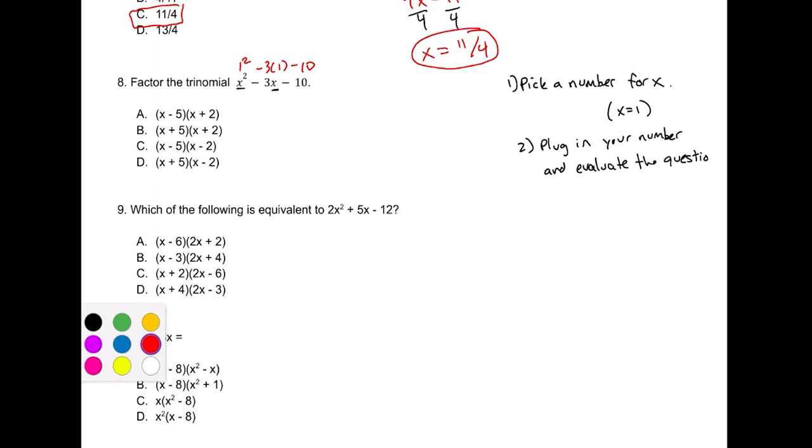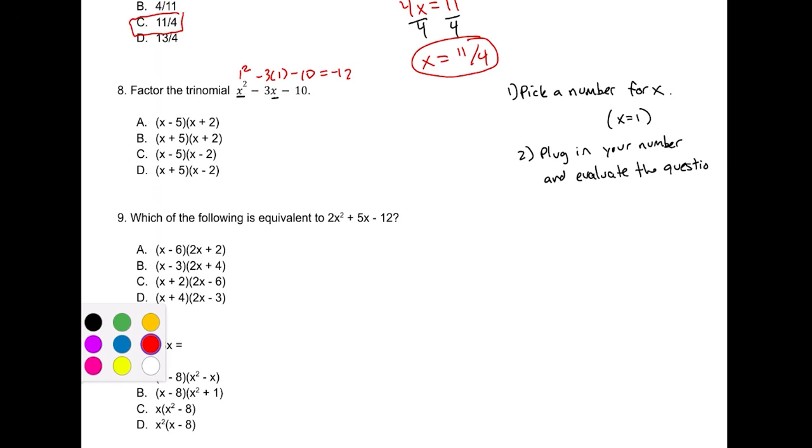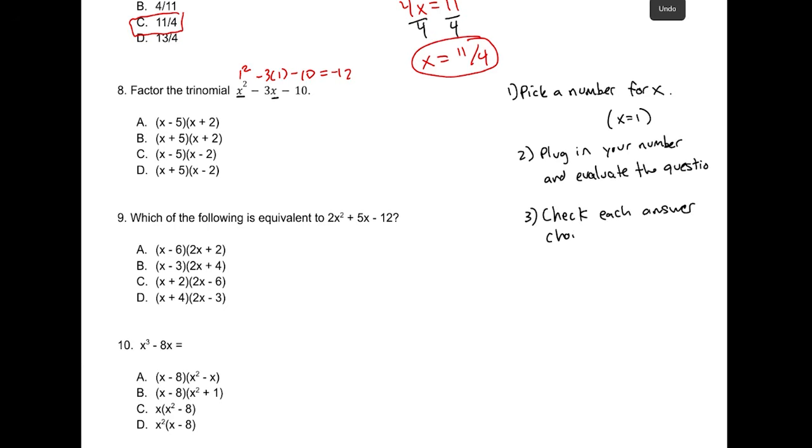This is something you'd probably want to put in the calculator just to make sure you don't mess up the arithmetic. But 1 squared minus 3 times 1 minus 10 is negative 12. So that's step 2. Step 3 is to check each answer choice using the same x value.